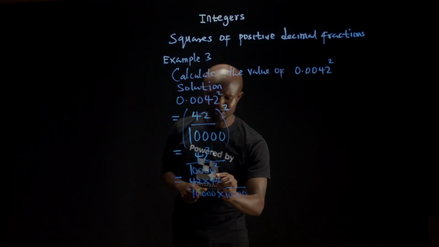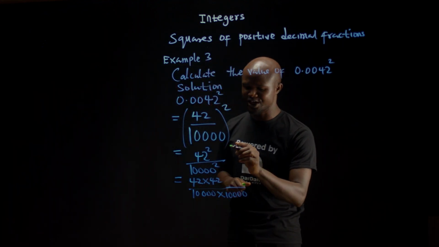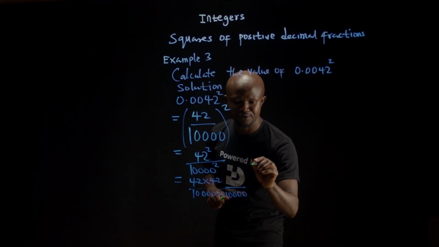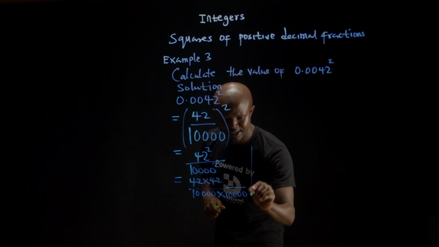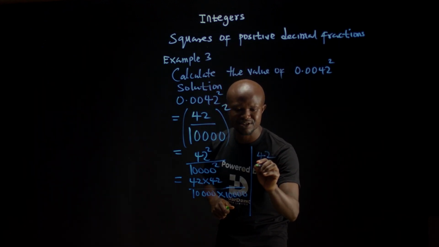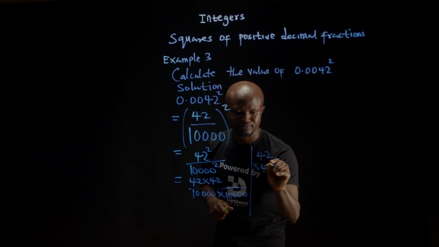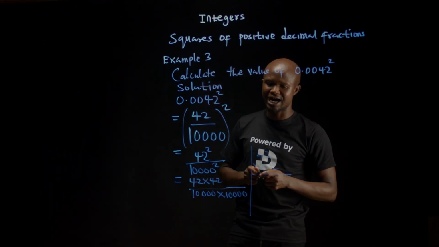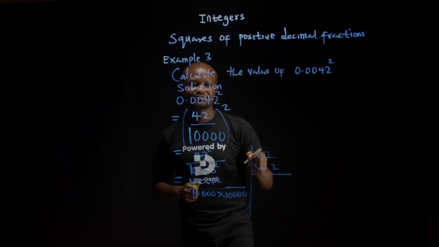Now, we are going to look at the multiplication of 42 and 42. What do we do? 42 times 42. What are we going to have? We are going to multiply.